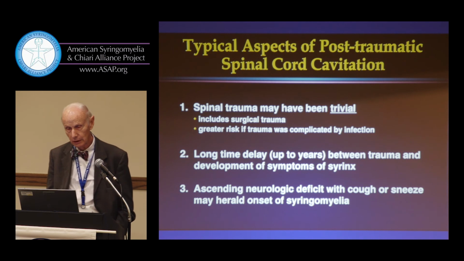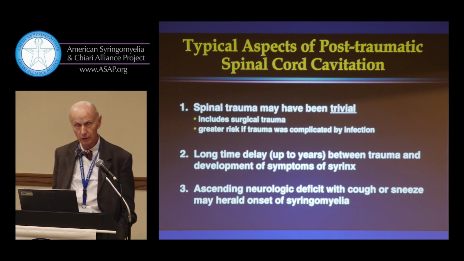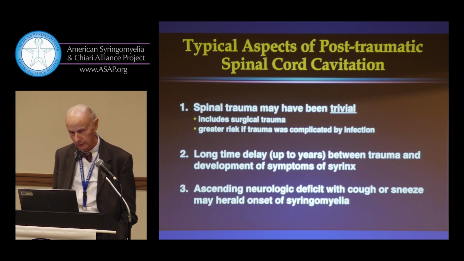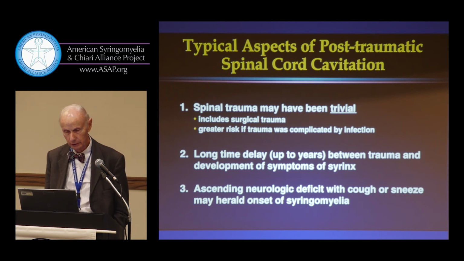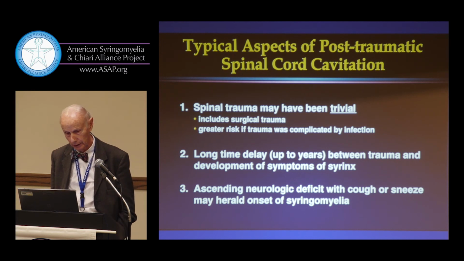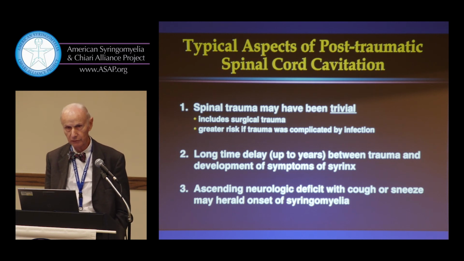There are some typical things about post-traumatic spinal cord cavitation which are not always recognized, because the spinal trauma may have been very trivial, and this could be surgical trauma from somebody who had a tumor removed, or injury that was complicated by infection, such as an open injury from a stab wound.